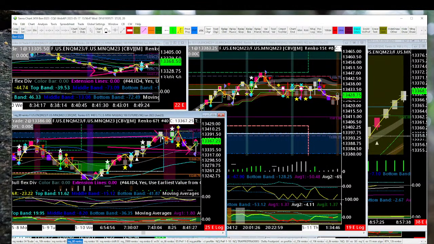If you look at the yellow line, that's where most of the volume was during the time period when the brick was being formed. This is where most of the volume came in. Price got all the way down here, but most of the volume was up here.